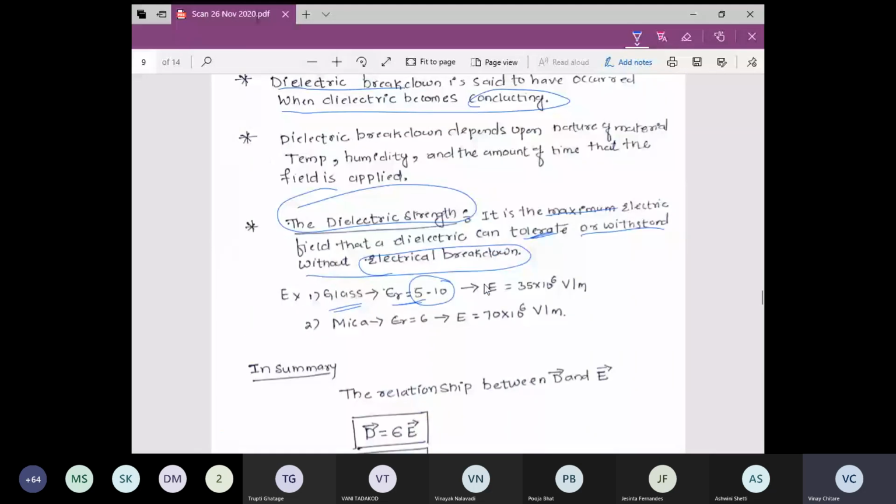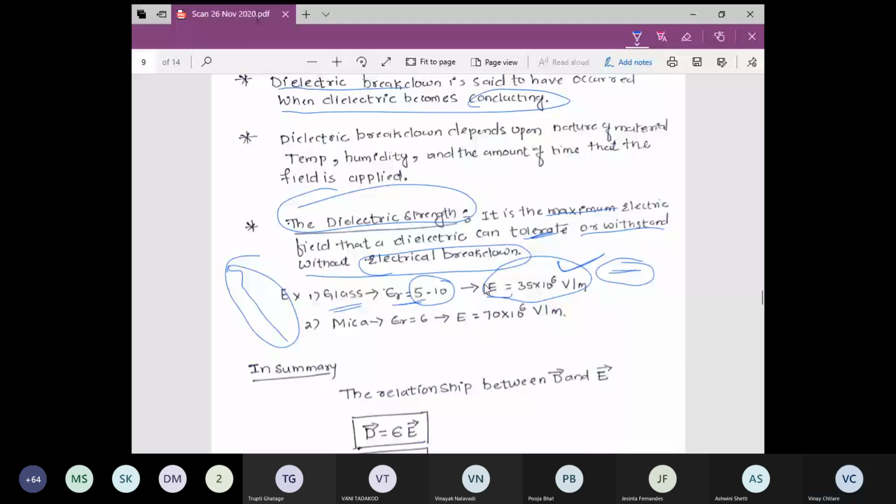Anything beyond this, there is a possibility of breakdown. You see the lightning phenomenon, and that is because of this reason itself: the electric field strength is so large that there is a breakdown and conduction is possible.